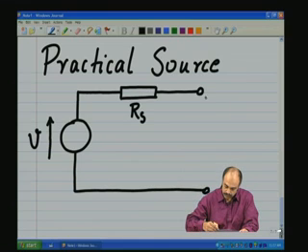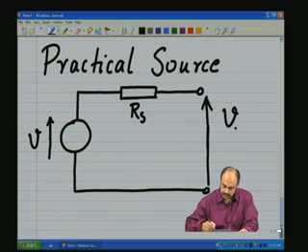Now the load, our external circuit, is connected across these two terminals, and this is the terminal voltage.